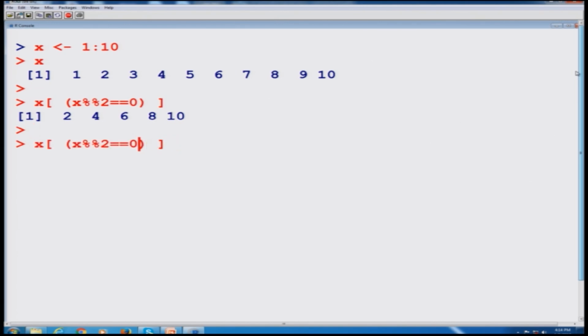Similarly, when I do it for 1, that means x modulo 2 is equal to 1, all the numbers for which the remainder is 1 when they are divided by 2 are 1, 3, 5, 7, 9.